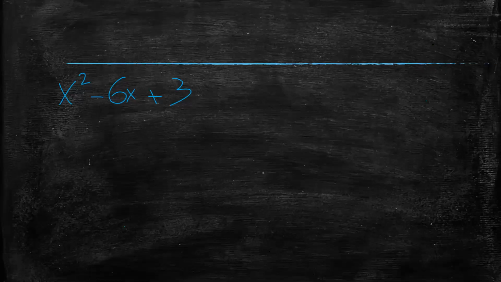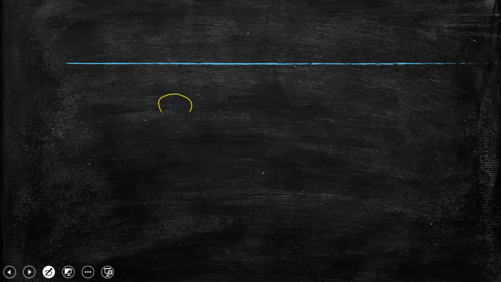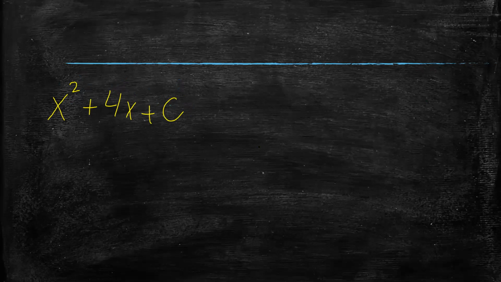So before talking about solving by completing the square, if you have now x squared plus 4x plus c, I want you to find the value of c such that the expression is a perfect square trinomial.